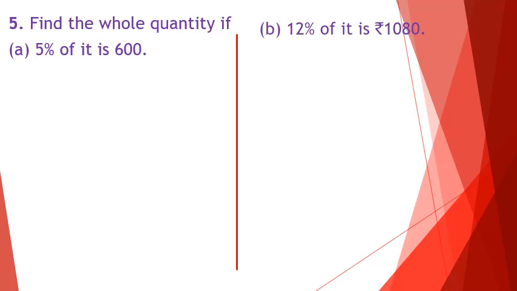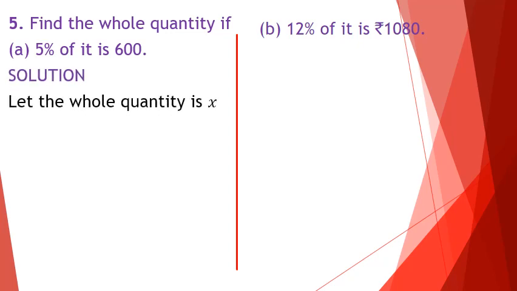We don't know how much the whole quantity will be, so let us assume the whole quantity is X. So we can rewrite our question as 5% of X is 600. Is means is equal to 600. That is 5 upon 100 into X, of means multiplication, X equals 600. Now you are able to solve for X from this equation.